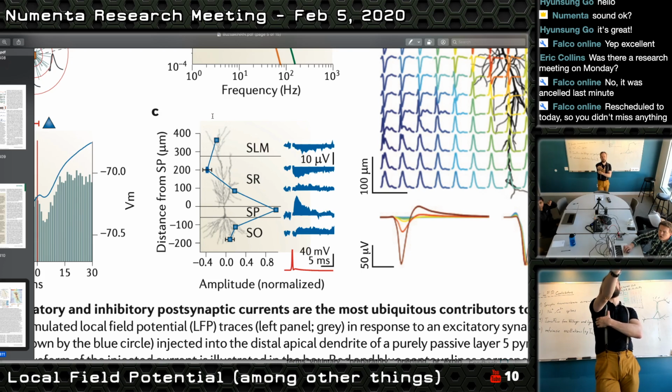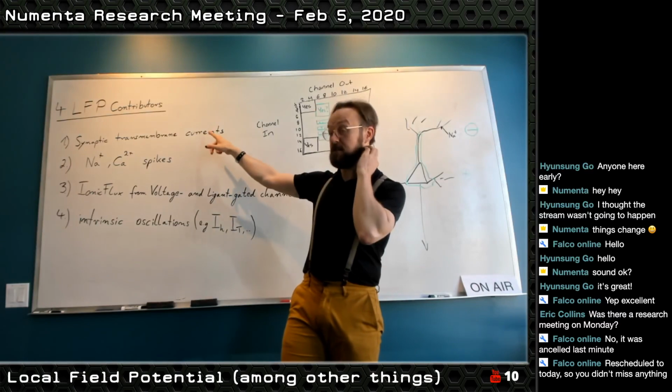The stuff that is close to the site where you inhibit sees a positive deflection of the field potential, whereas far away you see the return current, because the neuron is internally connected and somehow the charge needs to come from somewhere. So that is just to show that these neurons form poles, dipoles, quadrupoles, and so the geometry is important, particularly when it comes to the effect of the synaptic transmembrane currents.